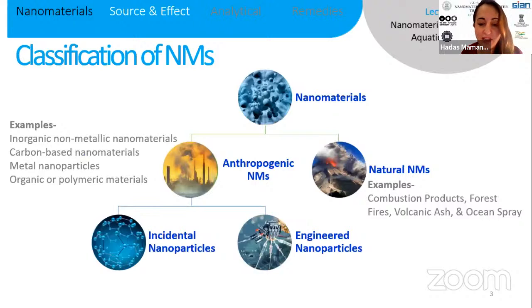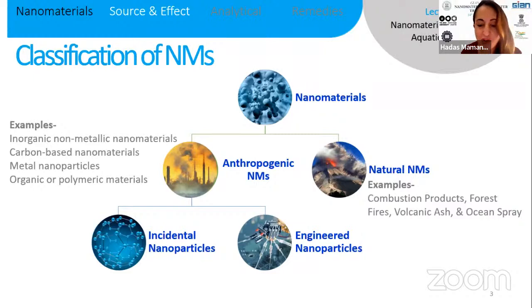When we look at the classification of nanoparticles, and this was also discussed in the previous lectures, we can classify them as natural or anthropogenic. So these are the natural nanoparticles, and these are the anthropogenic nanoparticles. The anthropogenic nanoparticles can also be classified as engineered nanoparticles and incidental nanoparticles.